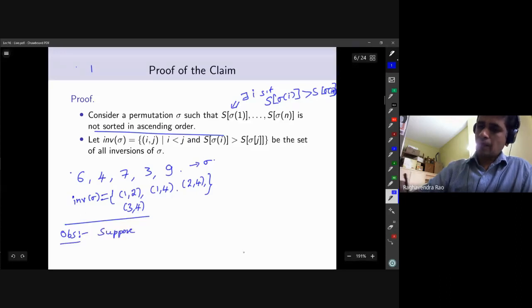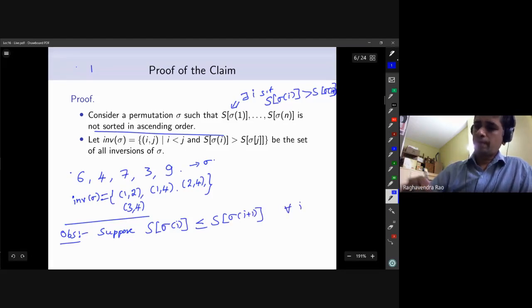Suppose S of sigma I is less than or equal to S of sigma I plus 1 for all I. Then S of sigma I is less than or equal to S of sigma j for all I less than j.